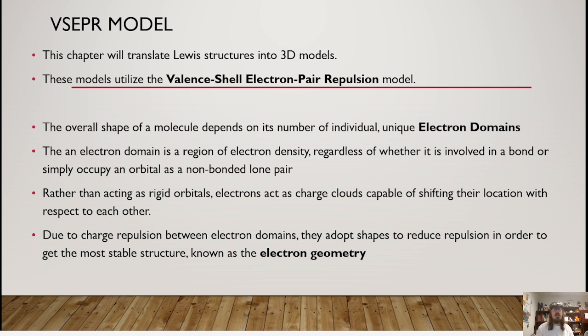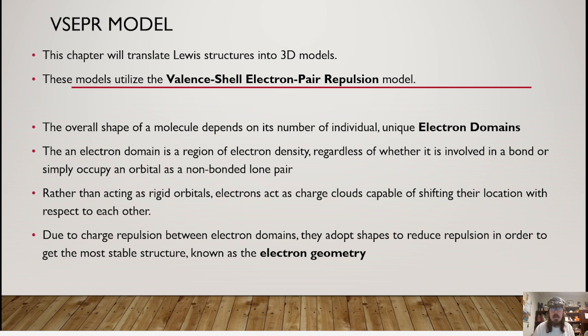So to do this, we're going to need what we call VSEPR models. VSEPR stands for Valence Shell Electron-Pair Repulsion Model. So valence shell means we're using the valence electrons. We're not caring about the core, we're only looking at the valence. Electron pair means we're working in electron pairs.